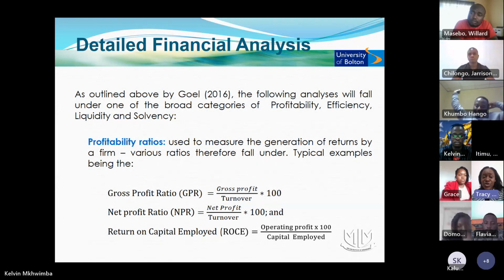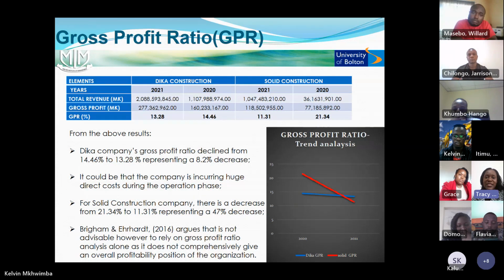Gross profit ratio, as I already mentioned, measures the company's ability in making profits, that's generating gross profit from its revenue. So the analysis has shown that both Dika Construction Company and Solid Construction Company declined as regards to gross profit ratio, as it is indicated in the graph herein.